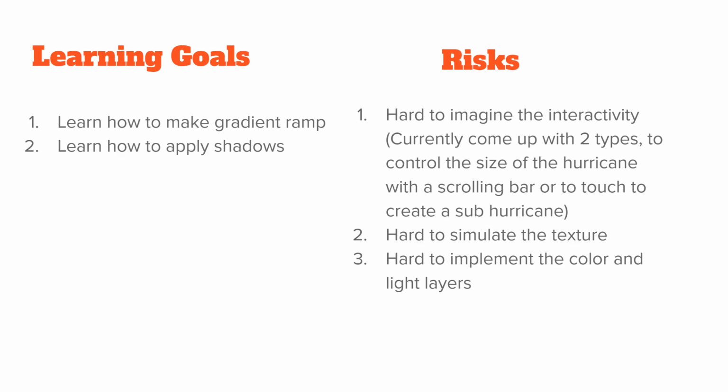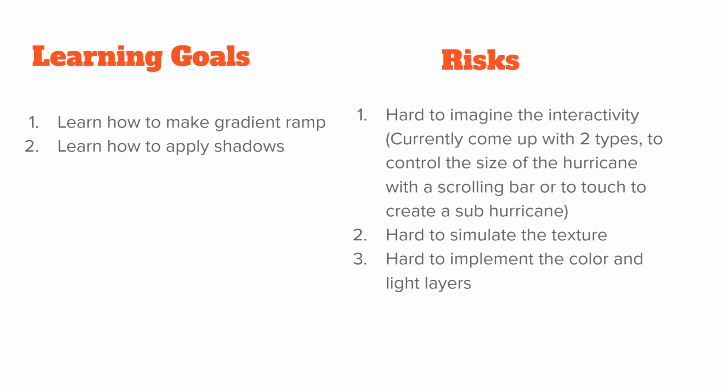However, I think there are a lot of risks in this project. Firstly, I cannot imagine how the interactivity would work. I can only think of two types of probable interactivity, but I think they're kind of naive.